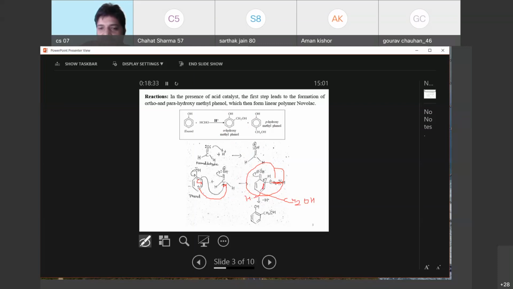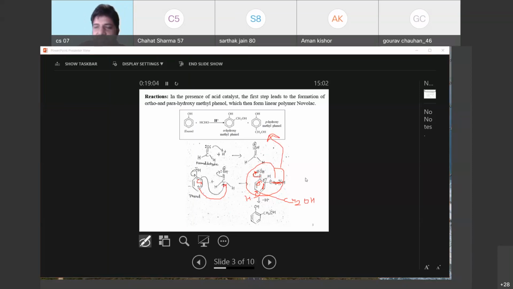So this hydrogen goes here, this goes here, and the rest of the thing is the same. Similarly it happens, only the para position is involved in the attack. So if the attack takes place this way, you will have the formation of this para-hydroxy methylphenol.